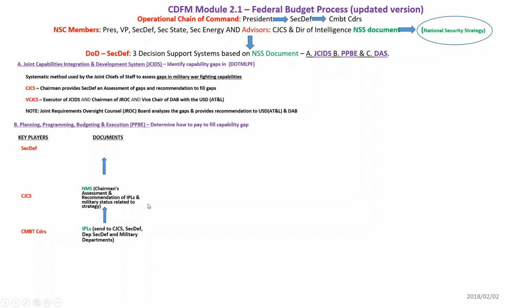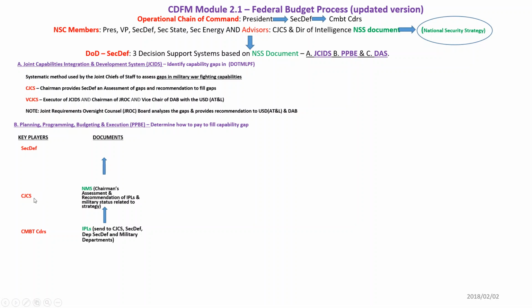The Chairman is responsible for making sure that what we're requesting is in line with the priorities already established by the SecDef in the national security document, to ensure that we meet the National Security Strategy.